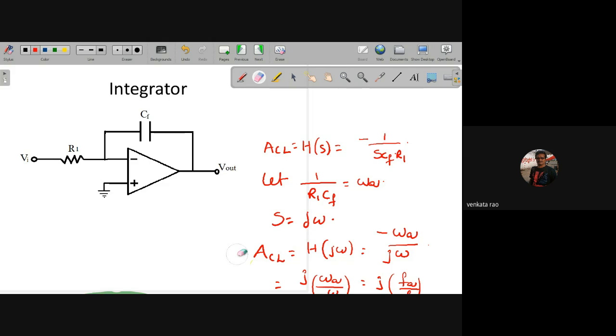Any suggestion from your side? So the closed loop gain became infinity for this. That means this is not stable, so I want to increase its stability. Any modifications are you suggesting to this circuit?